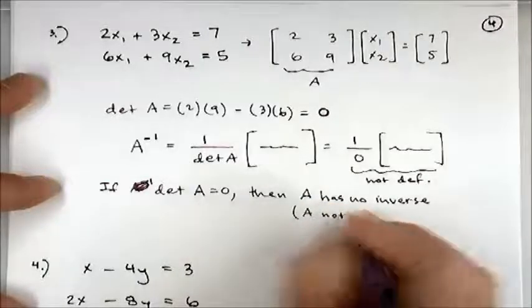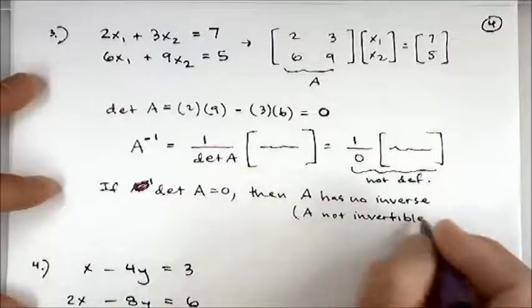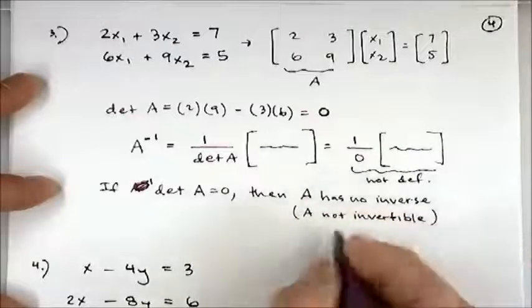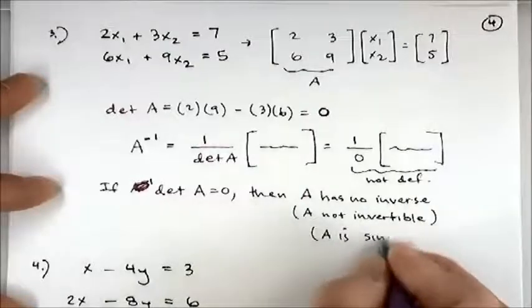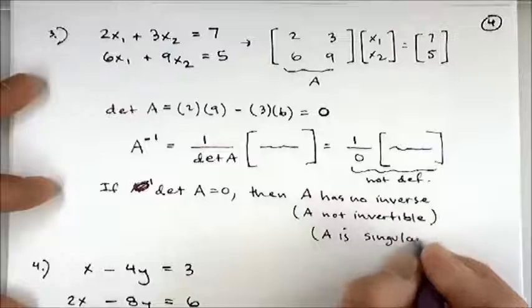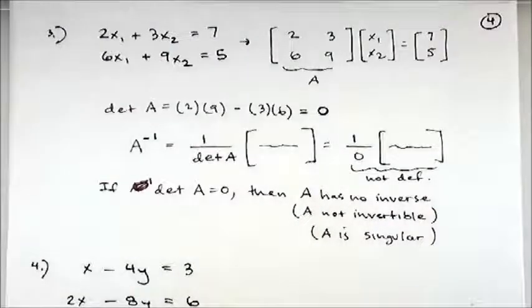A not invertible is another way to say it. Another way of saying this is A is singular. You heard that word today. These are all ways of saying the same thing. If the determinant is 0, you could either say A is not invertible, has no inverse, or you could just say A is singular.